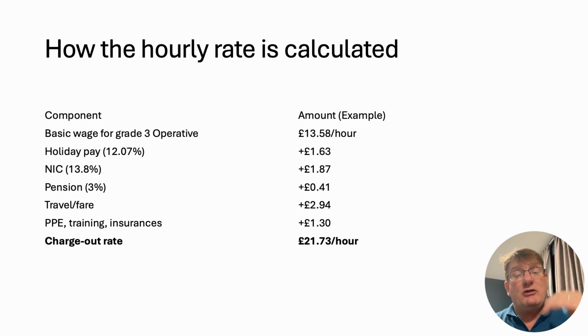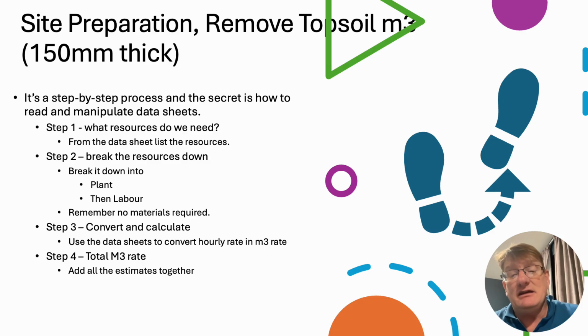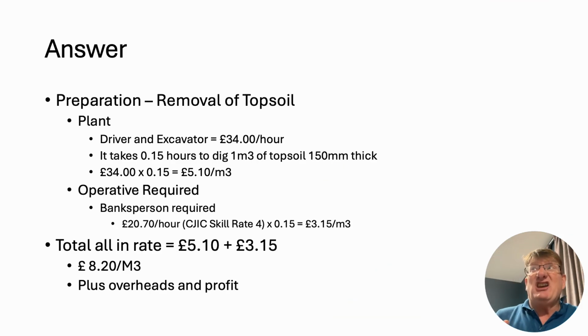Okay, and each operative goes up, and obviously a craftsperson is paid more than an operative, and different operatives will be paid different prices. So for instance, a steel fixer, which would be considered semi-skilled, would be paid at the higher rate of the operative price. A basic operative would be paid at the lower rate.